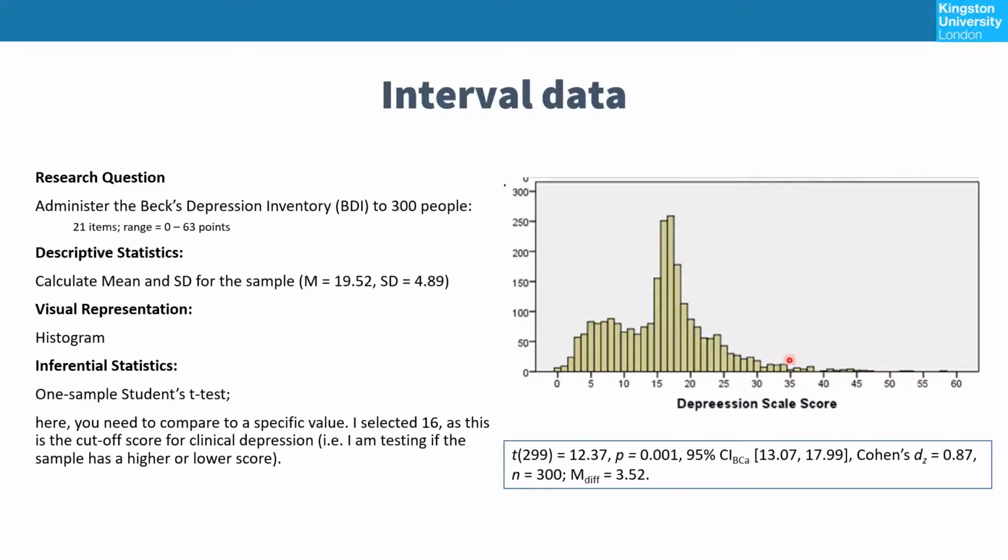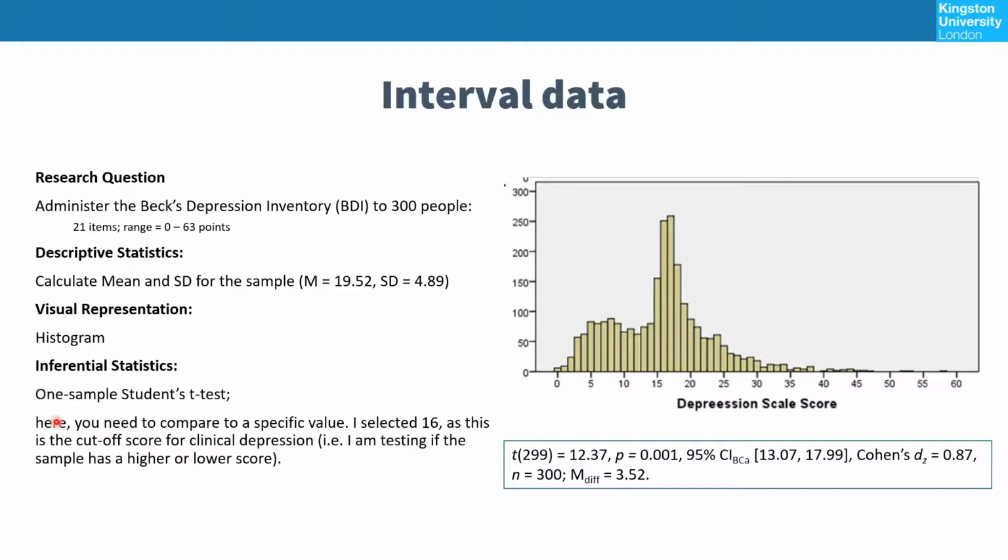The way you would analyze this is to see, does this follow a typical normal distribution, but more importantly, does the mean of the sample differ from a specific value that you might think is relevant? So for instance, with the BDI, 16 is typically the cutoff criteria for depression. So you might care if in your sample, the mean is different from 16, meaning is the sample more likely to have higher depression scores than, let's say, the typical population.